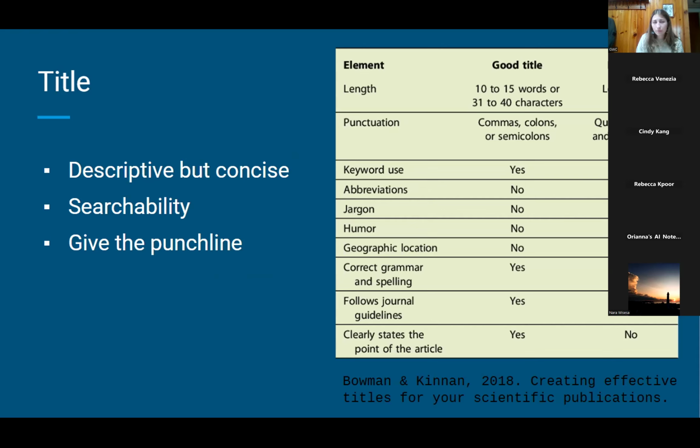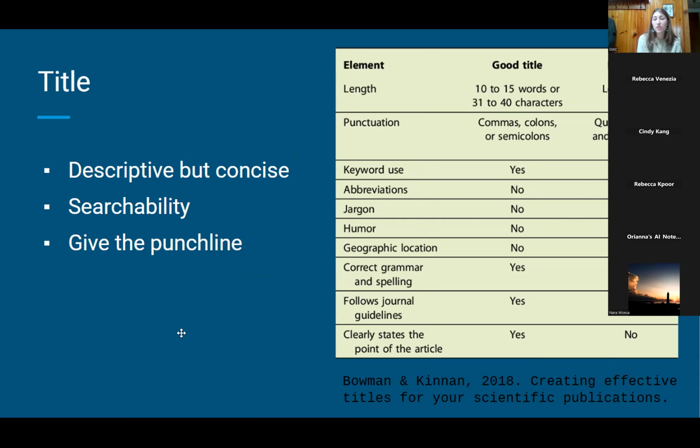And so this chart here gives also some more tips on what you should and should not do to have a good title. So length is definitely one. Keeping it between 10 and 15 words, I think, is a pretty generous range. Punctuation, try to avoid question marks or exclamation points. Like I said, use those keywords.